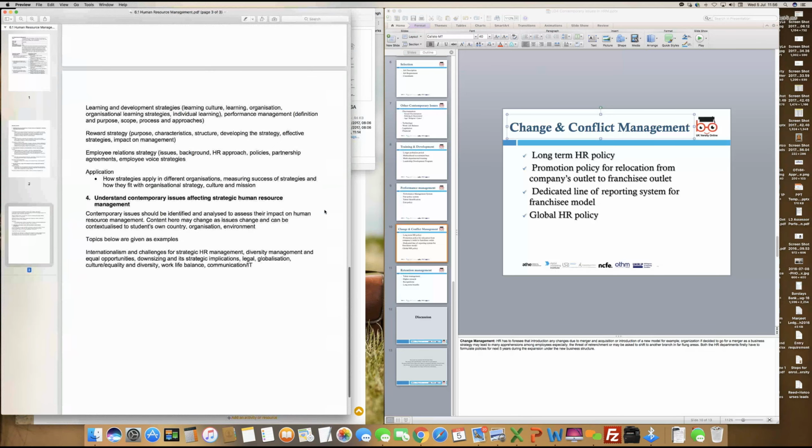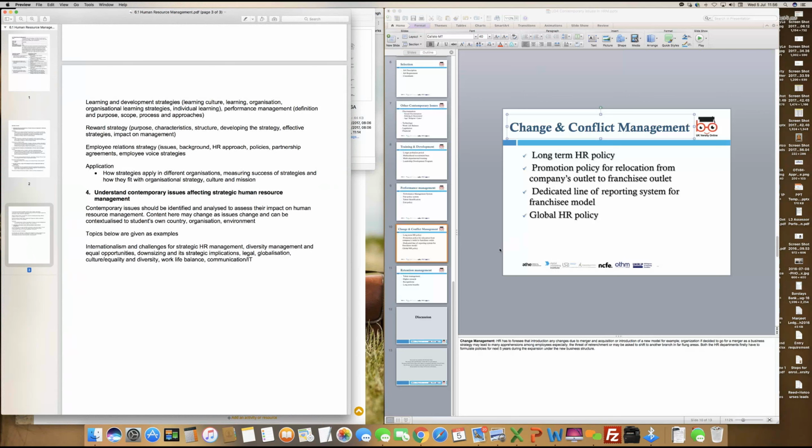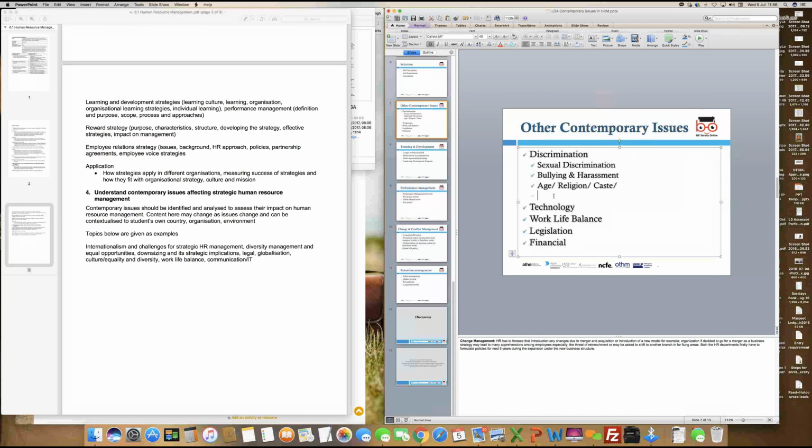And then one particular thing which I will put across, another important contemporary issue, is the issue of globalization. This is a very modern issue, because when we look at globalization, a lot of companies and businesses today have operations across the globe.